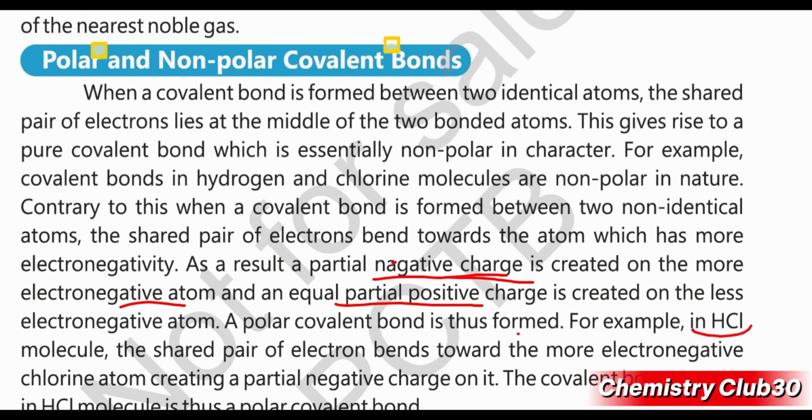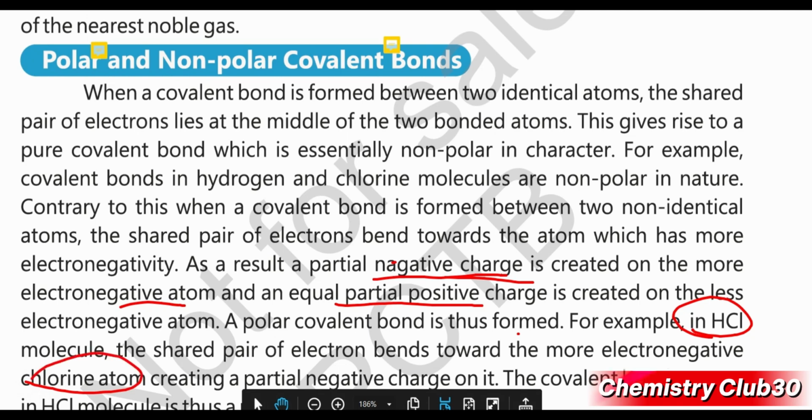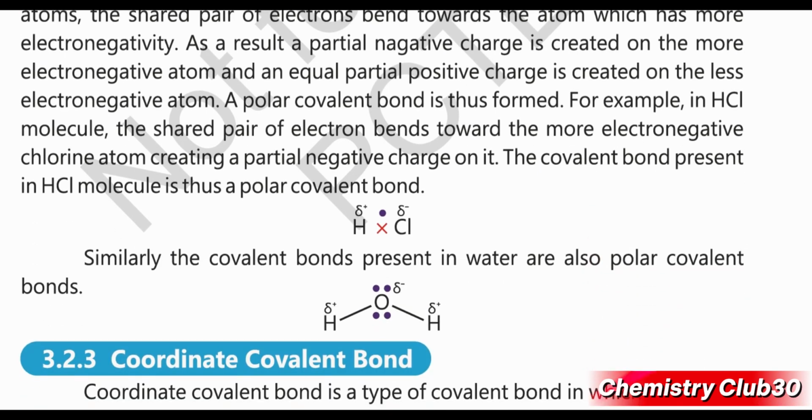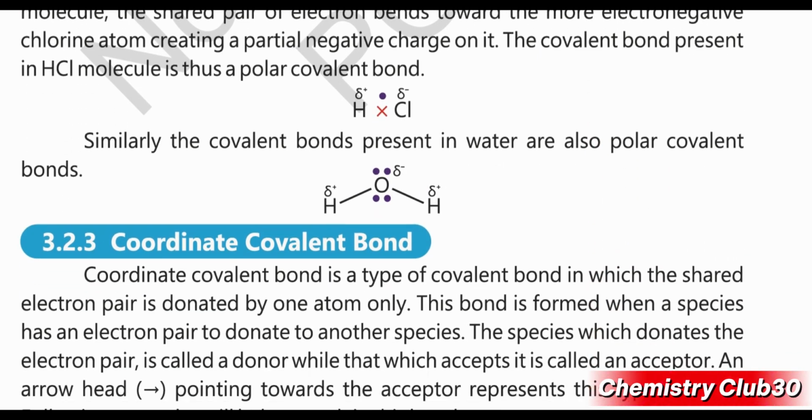For example, in the case of the HCl molecule, the shared pair of electrons bends towards the more electronegative chlorine atom. In this case, chlorine is more electronegative as compared to the hydrogen atom, creating a partial negative charge on it. The covalent bond present in the HCl molecule is a polar covalent bond. Here it is shown that this electron pair is shared between hydrogen and chlorine.